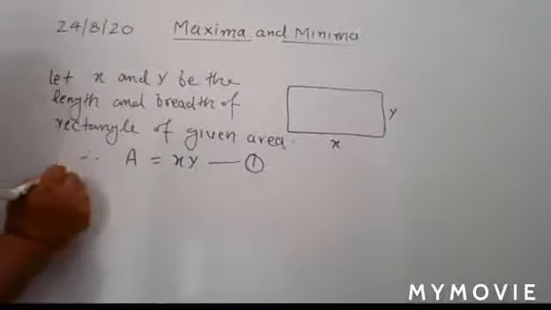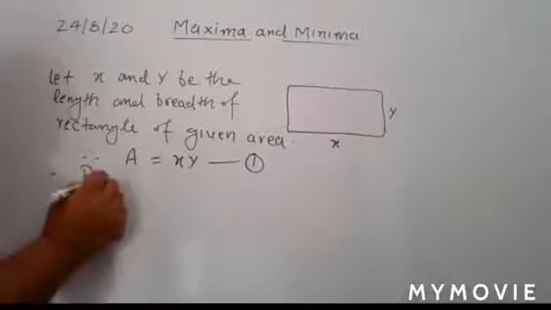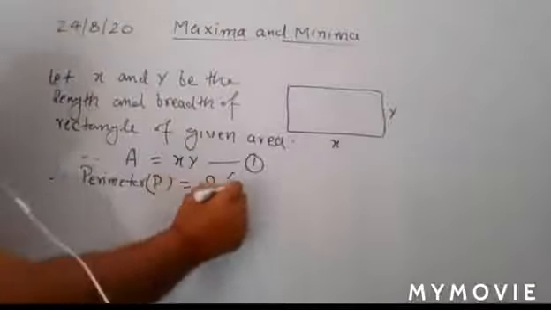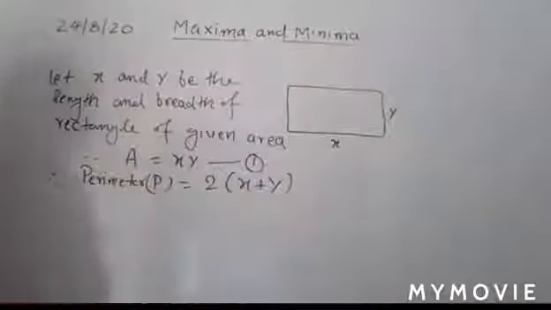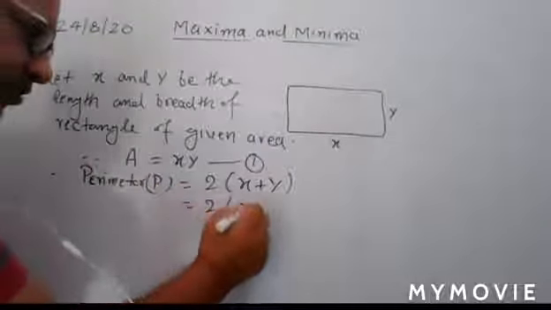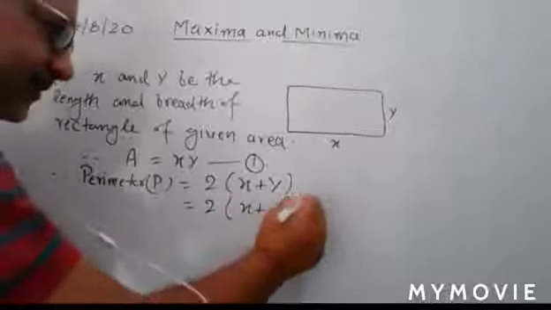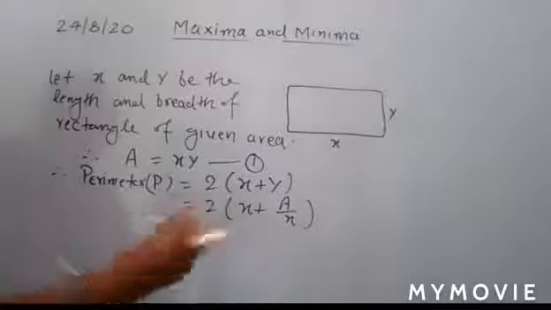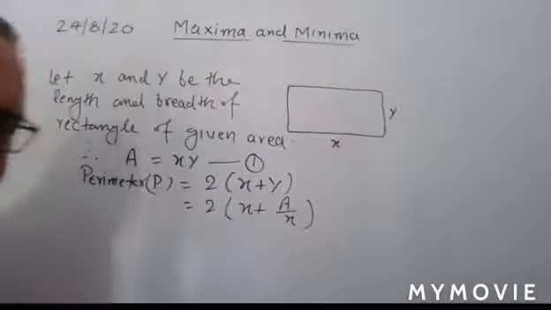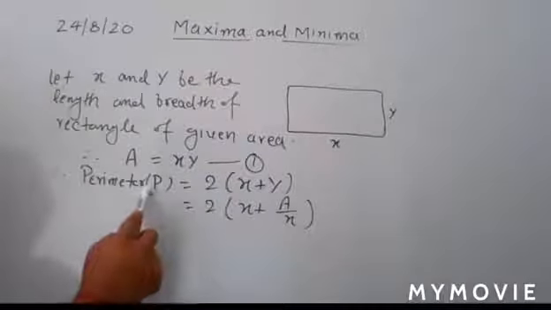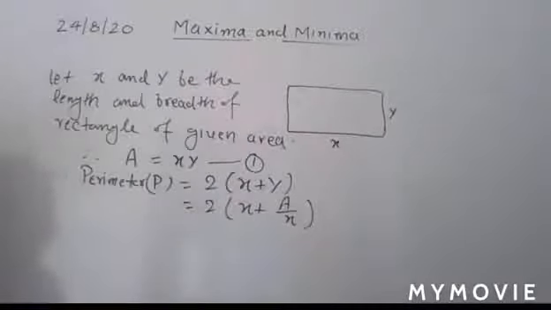So you write perimeter P is 2 into x plus y. That is the formula of perimeter. Now you convert it into one variable. So you can write 2 into x plus a upon x. Now you proceed here. If the perimeter is known, now your aim is to find the value of x for which p becomes minimum.